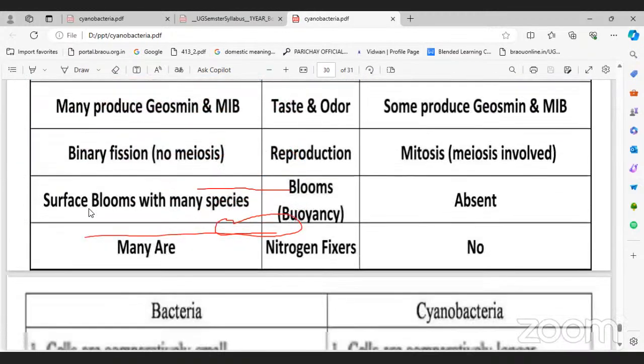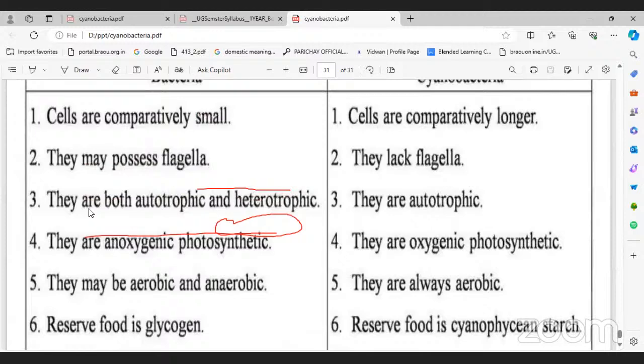This table is not needed. Let's see some of the differences between bacteria and cyanobacteria. The bacterial cell is comparatively small, while BGA cyanophyceae are long and large. In bacteria flagella are present, but in cyanophyceae there is no flagella. Bacteria show heterotrophic nutrition, but cyanophyceae are only autotrophic.